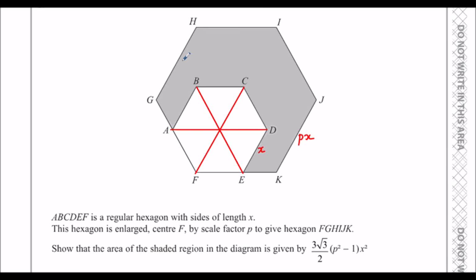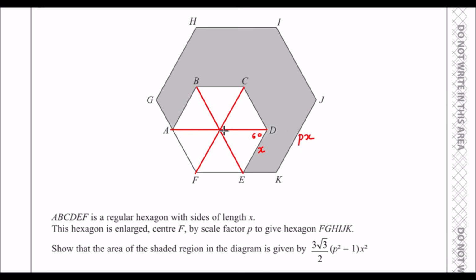And what we end up with are equilateral triangles. So we've got 6 equilateral triangles here. So each angle is 60 degrees. You could say we've got half of the interior angle of a hexagon, which is 120. So each one is 60.